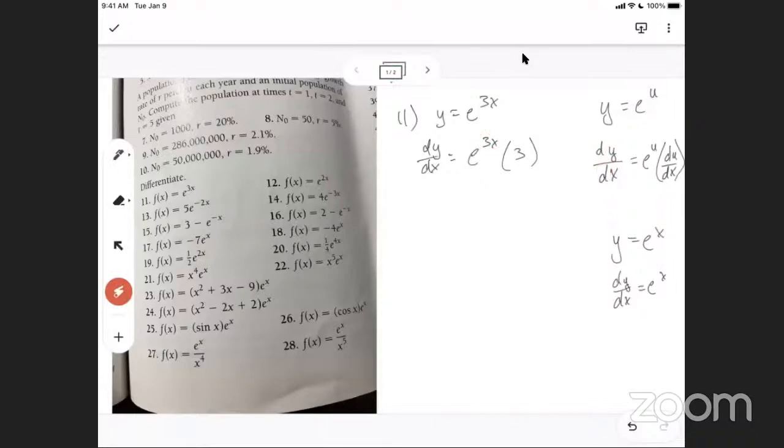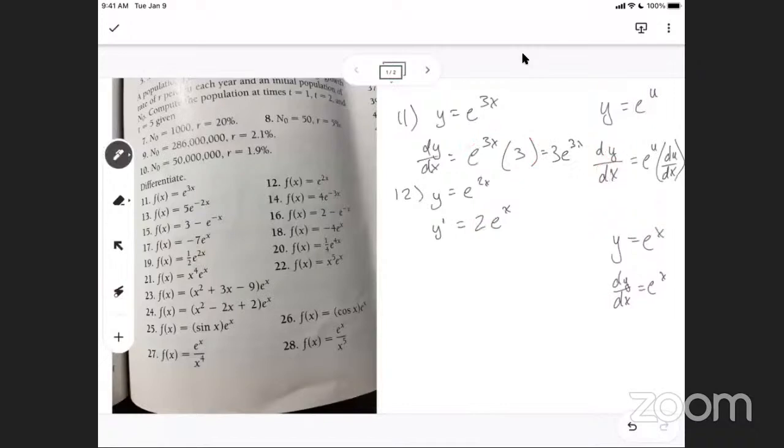Does that make sense? Yes. So number 12, y equals e to the 2x. Now I'm going to write it differently, because sometimes you'll see it written like this: y prime with respect to x is just 2 e to the x. Notice now I'm writing the 2 in front, because that really looks better. It would have looked better if I wrote the 3 in front.